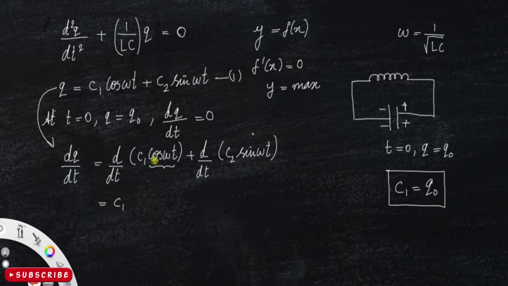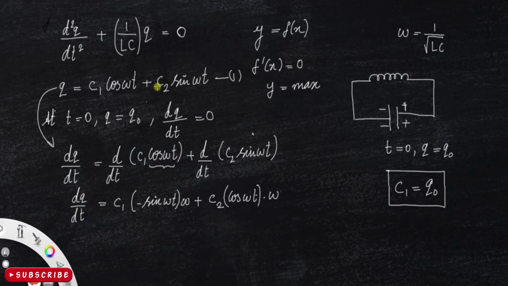So c1, and the derivative of cos omega t is minus sin omega t, and since there is omega t, you have to multiply by the constant omega. Here also c2 will come out, and the derivative of sin is cos omega t into again omega. So this is equal to dq by dt.